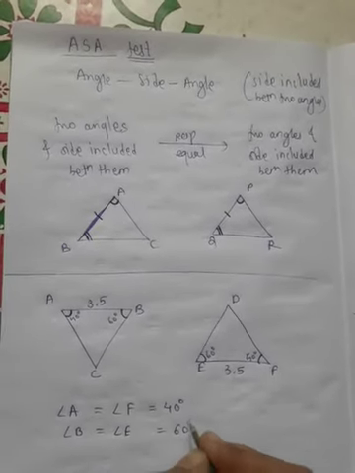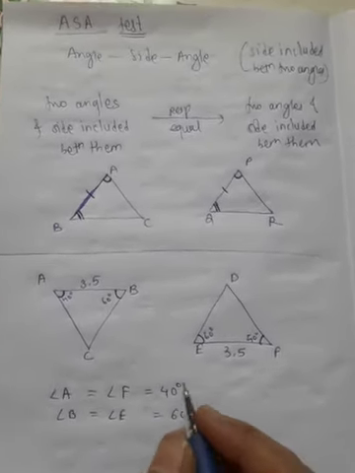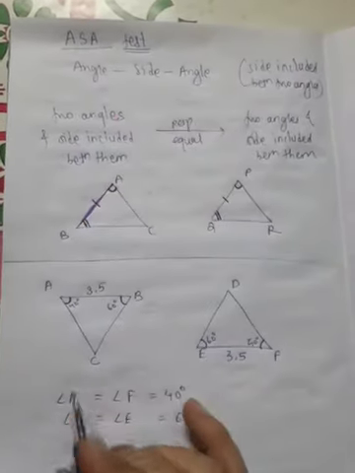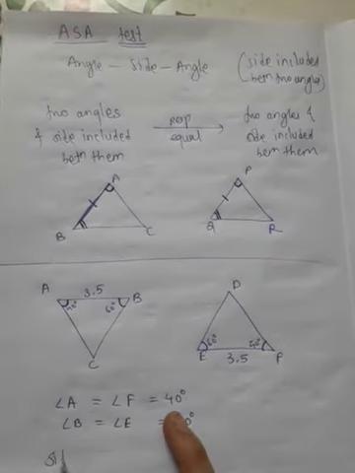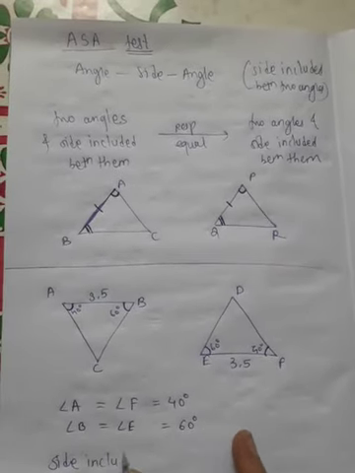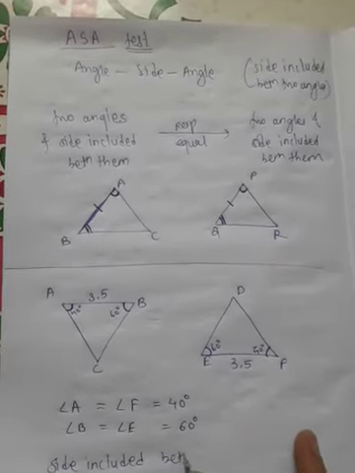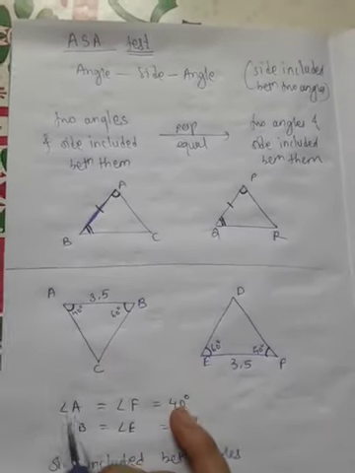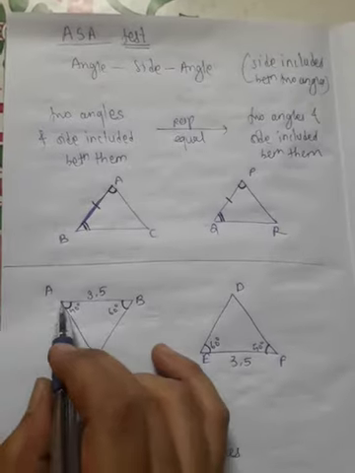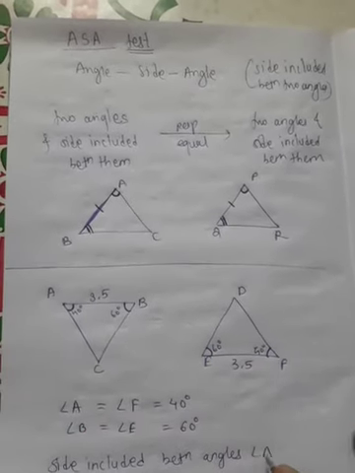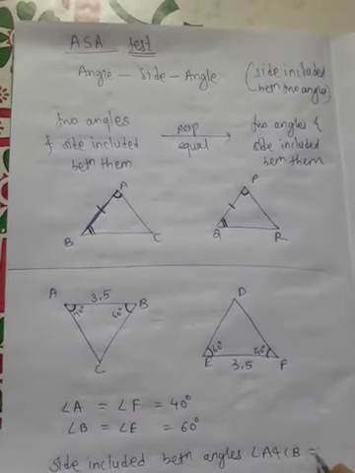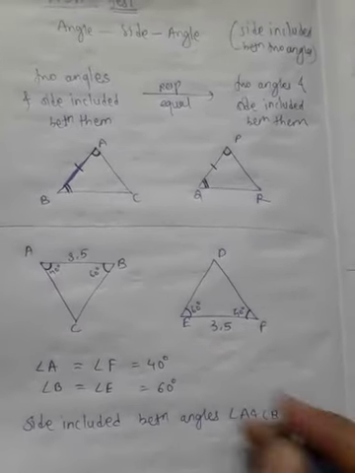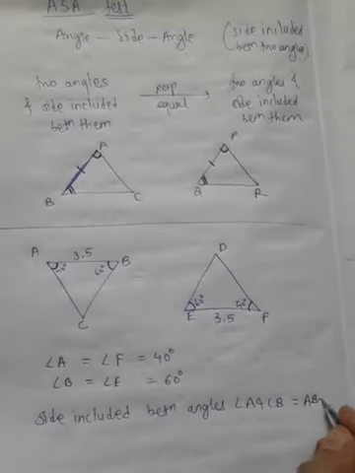are also equal. Now check the side included between the angles. See here, the side included between angles A and B. What is the side included between angle A and angle B? The side is AB, and it has length 3.5.